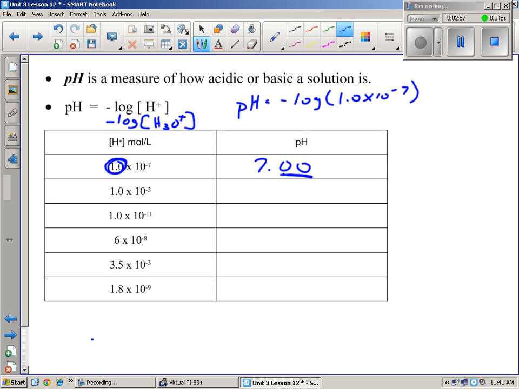This one works out to be 3 when you type it in on your calculator, so it's 3.00. Those 2 are those 2 right there. 11 is the next answer here. Once again, only the 0.00 is the significant part of that. Because we have 2 there, we need to have 2 after the decimal.